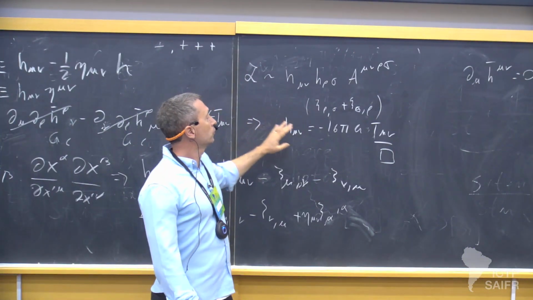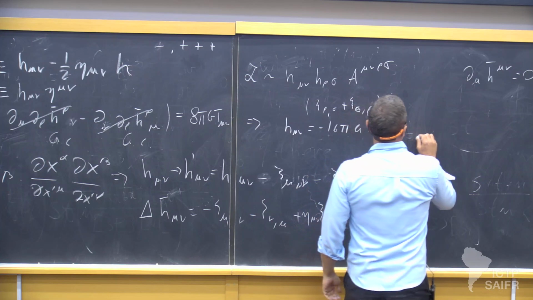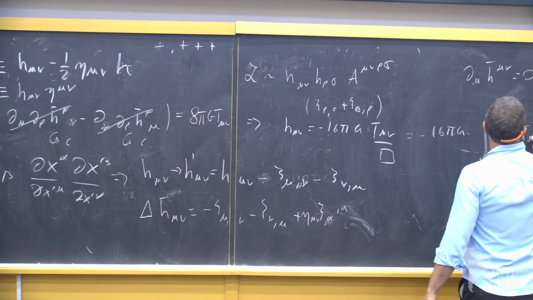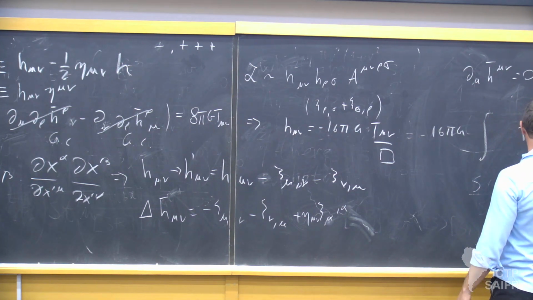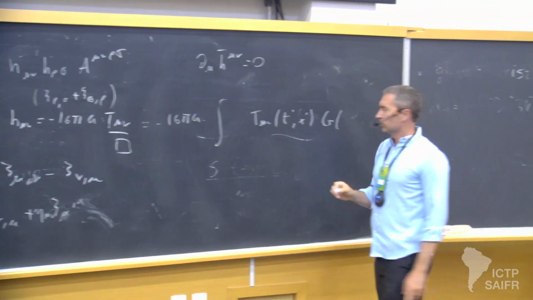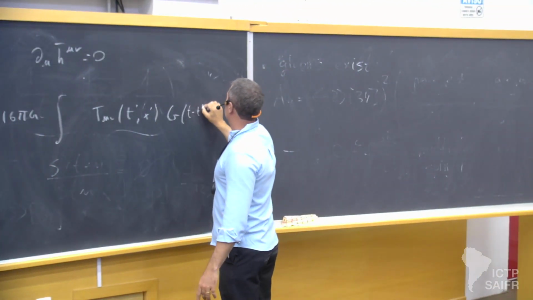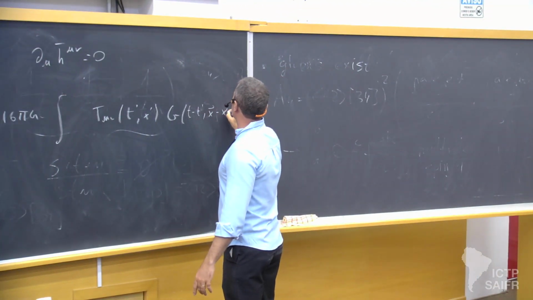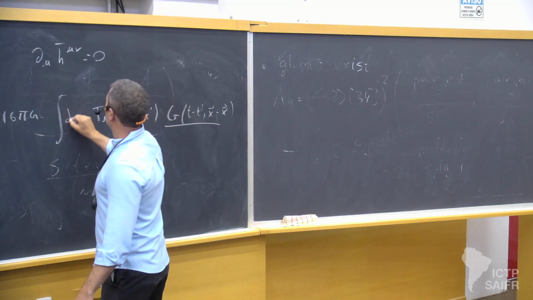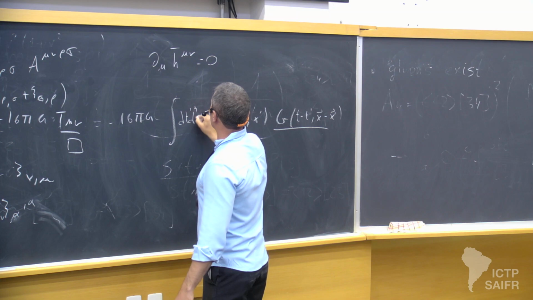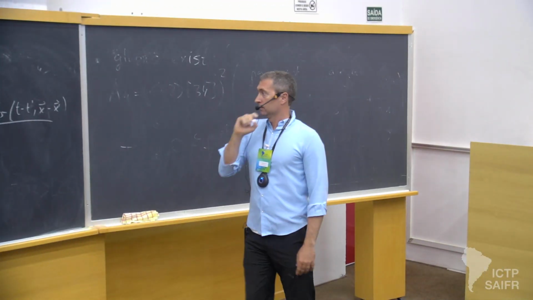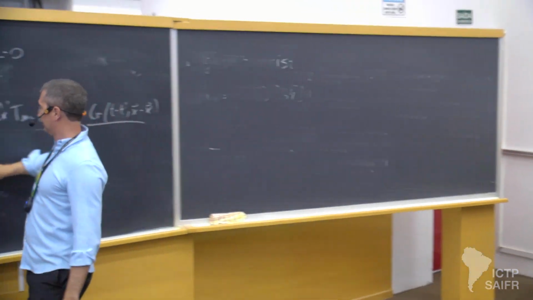If you don't want to go to Fourier space, then this is understood as minus 16 pi G integral of T mu nu at t prime, x prime convolved with the function of t minus t prime, x minus x prime, divided, that's it, dt prime d3x prime. Okay? And this is the green function.